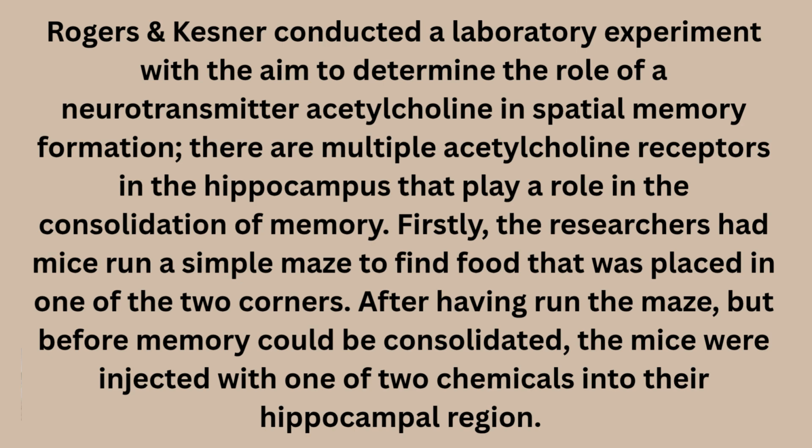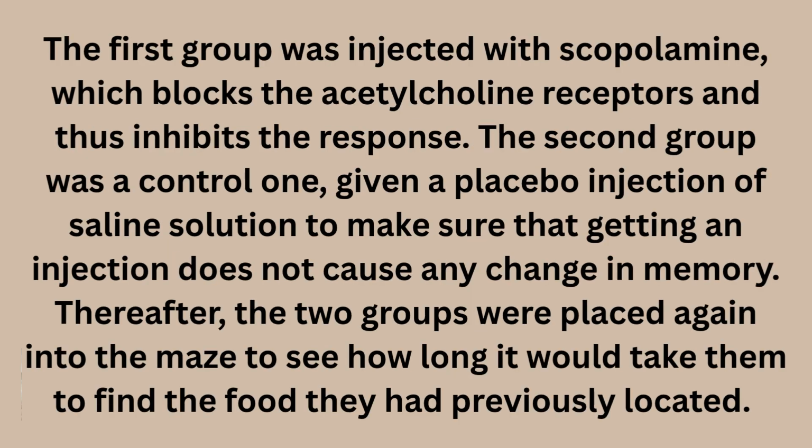After having run the maze, but before memory could be consolidated, the mice were injected with one of two chemicals into their hippocampal region. The first group was injected with scopolamine, which blocks the acetylcholine receptors and thus inhibits the response. The second group was a control one, given a placebo injection of saline solution to make sure that getting an injection does not cause any change in memory.